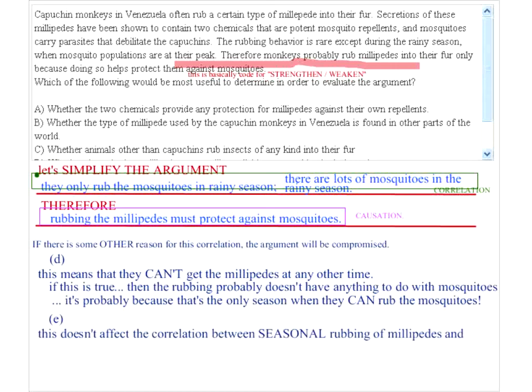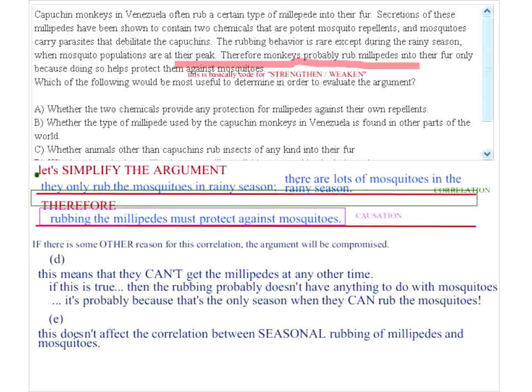And it's not relevant to what we're talking about. Remember, what you've got to do is stay with the simplified argument here. The simplified argument is they happen to rub these millipedes. Let me correct that, I should say millipedes. Millipedes, sorry. I shouldn't say mosquitoes.